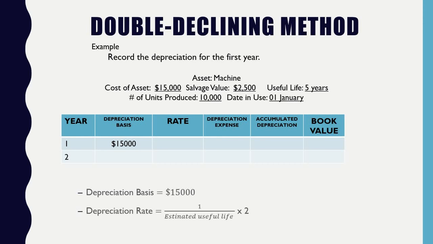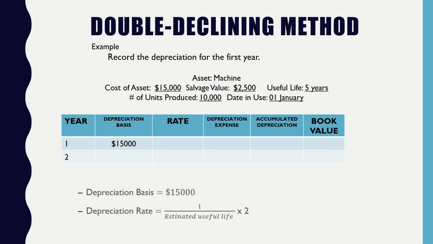So now we have to solve for the depreciation rate. In this case, it's going to be 1 over the estimated useful life times 2. So in this case, what is my estimated useful life? 5 years.